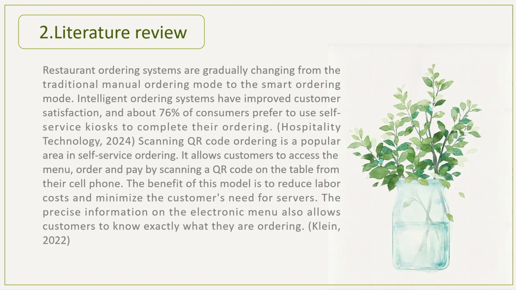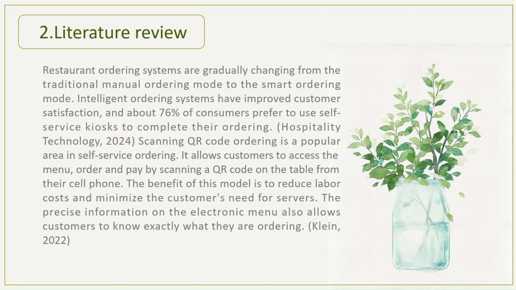Next part is about the literature review. Restaurant ordering systems are gradually changing from the traditional manual ordering mode to the smart ordering mode. The intelligent ordering systems have improved customer satisfaction, and about 76% of consumers prefer to use self-service kiosks to complete their ordering.